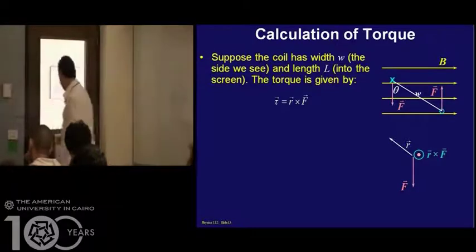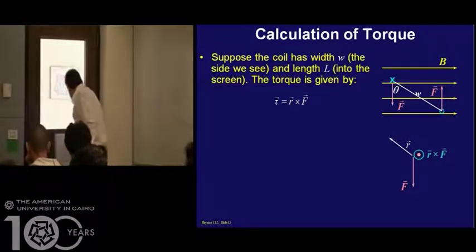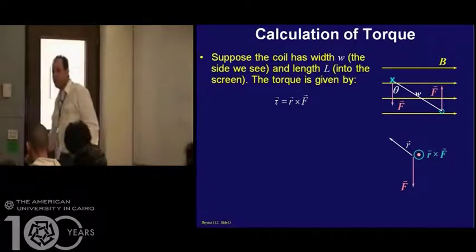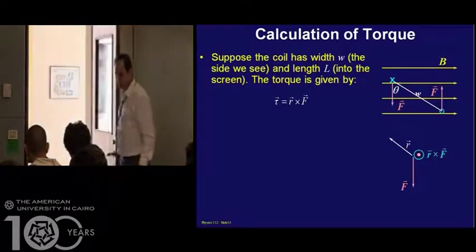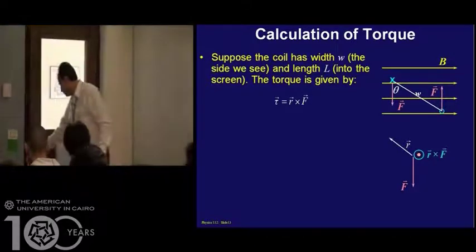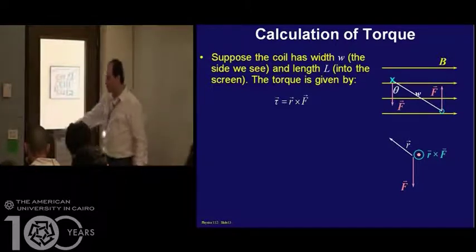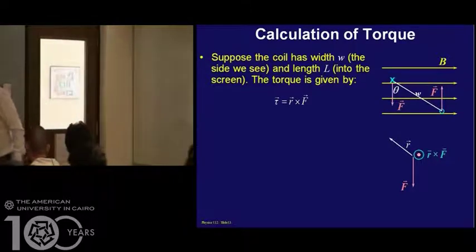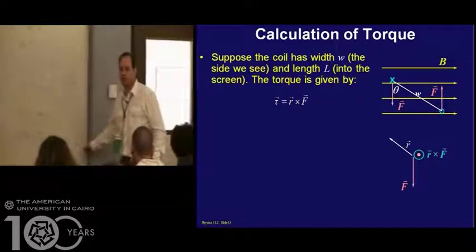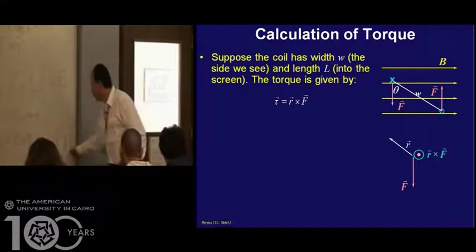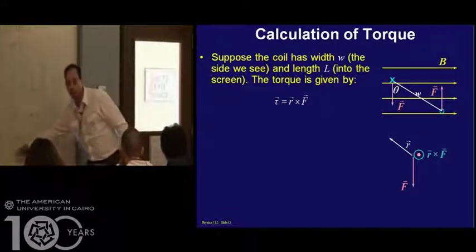So they put the knob somewhere out here to increase the radius, so it will be easy for us to open the door. But if they put the knob in here, now R is small, so torque is small. Even if you use the same force, the torque is going to be smaller. You have to put in more force in order to create enough torque to open the door.